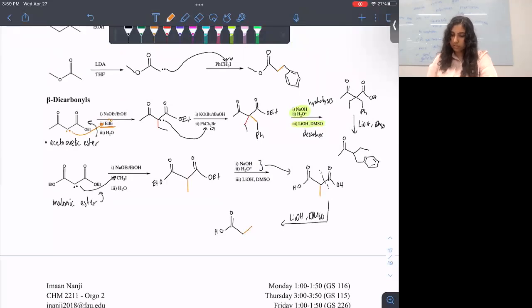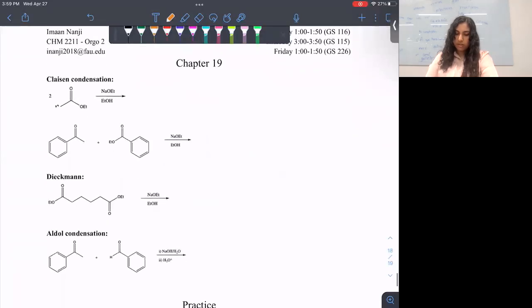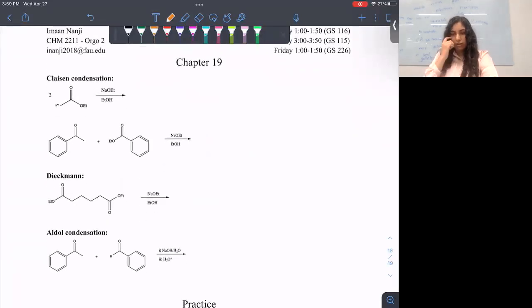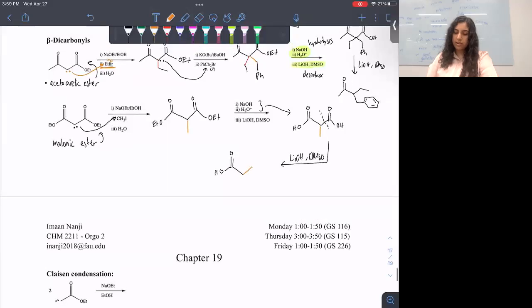All right, let's see. So chapter 19, same idea, deprotonate the alpha carbon. In the case where LiOH wasn't there, would you form the enolate again?